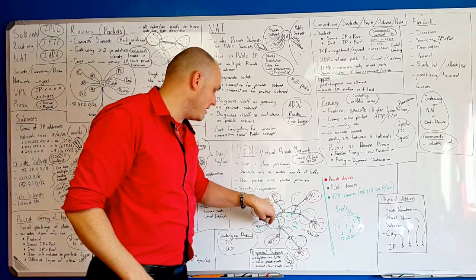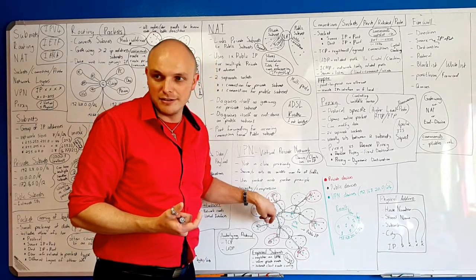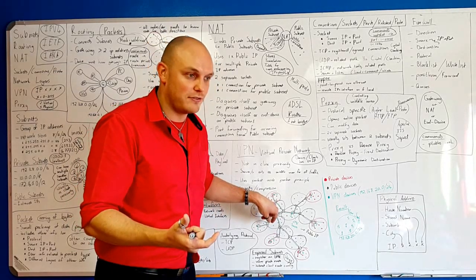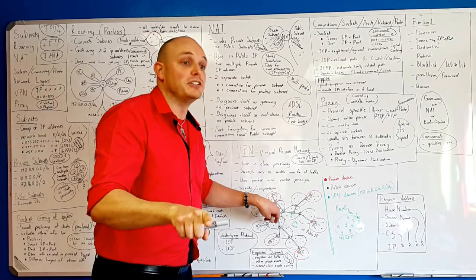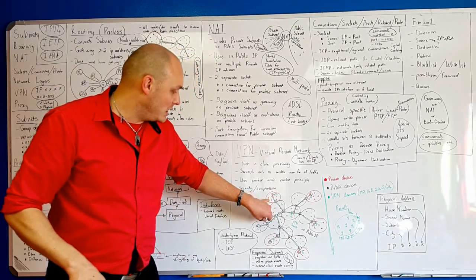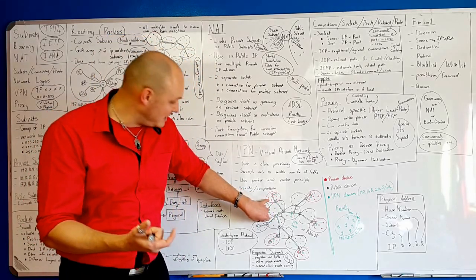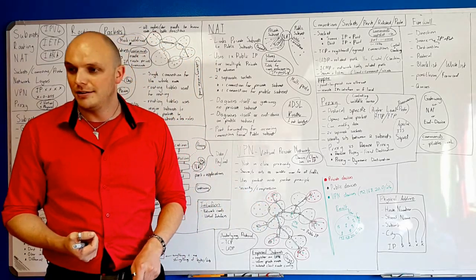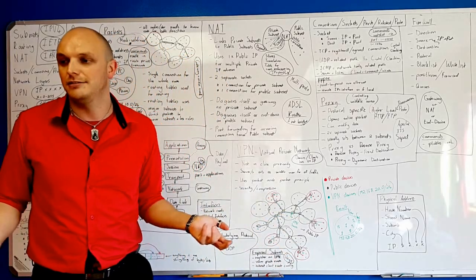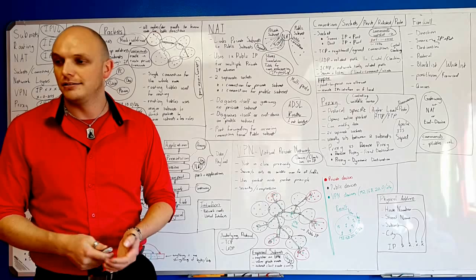Because if this guy receives the packet from 10.0.0.5, it's going to reply to 10.0.0.5. But what it's going to do is look at its routing table and send it to the gateway. And the gateway is going to try finding it on the internet. It's not going to find it. So your connection will just run dead.